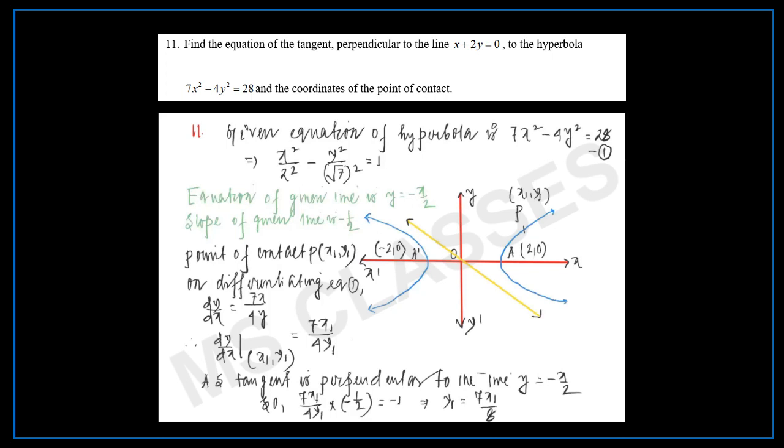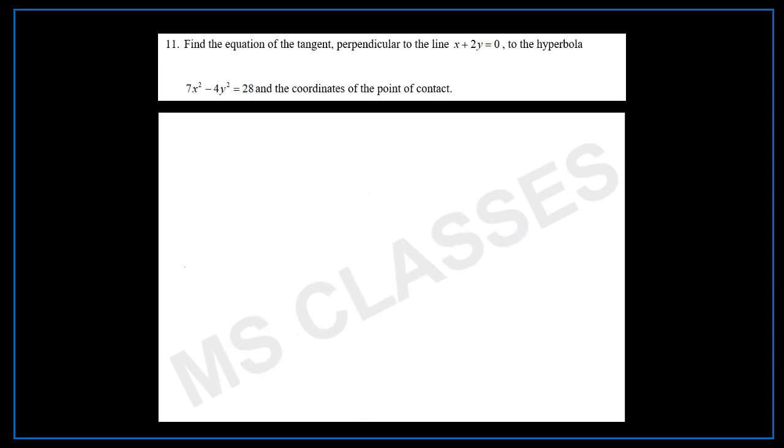Now we have already told P(x1, y1) is a point of contact, so that will satisfy equation 1, the equation 7x squared minus 4y squared equal to 28.